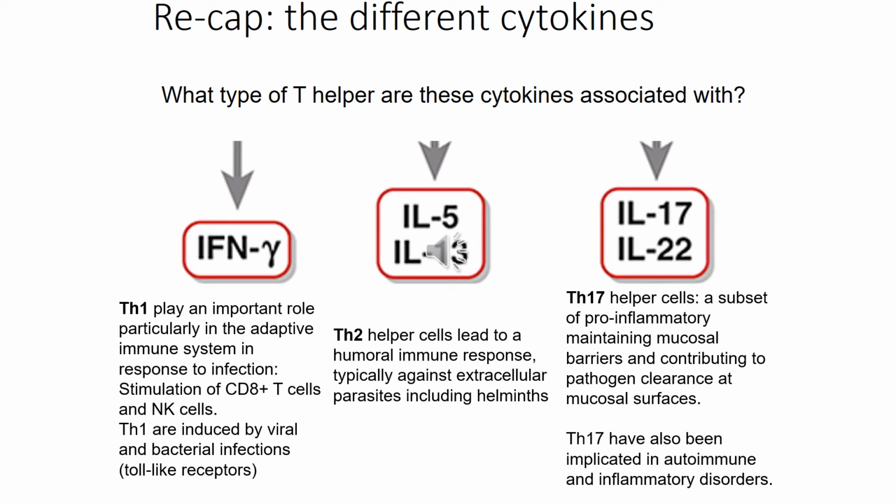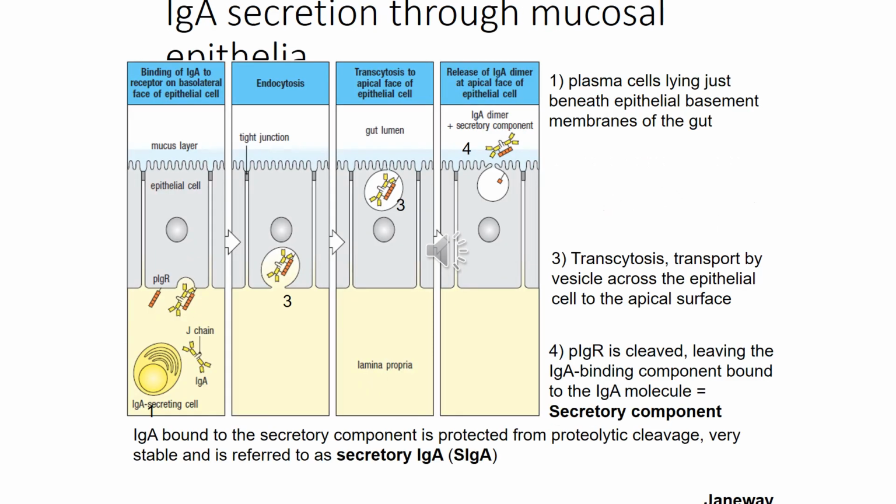The Th17 immune response is activated by extracellular bacteria, and it's also maintaining the mucosal barrier and contributing to pathogen clearance from mucosal surfaces. We will go back into this a lot more tomorrow, so you don't need to remember this right now.